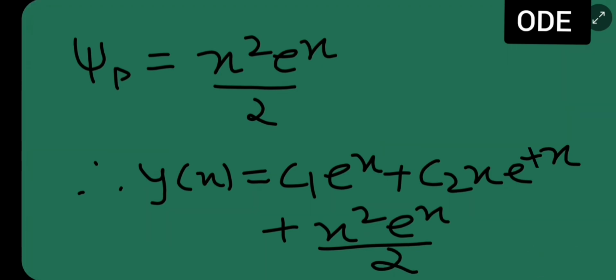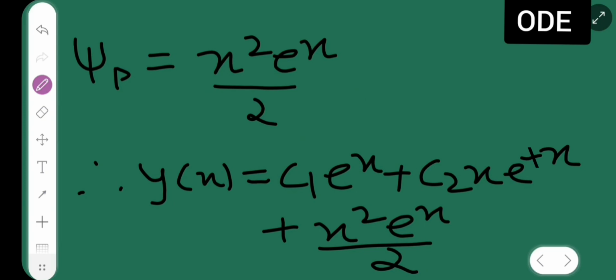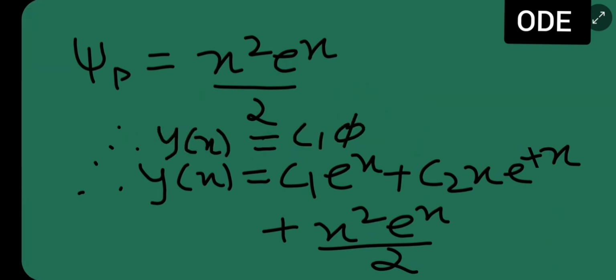The formula we have used, I'll write it here somewhere up: c1 phi 1 plus c2 phi 2 plus psi of b. Then I have solved it, okay? Whatever I got, I wrote it down.